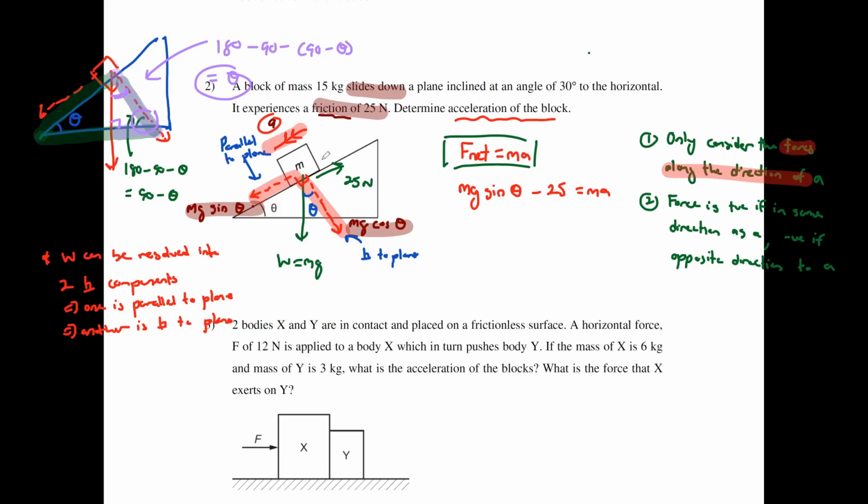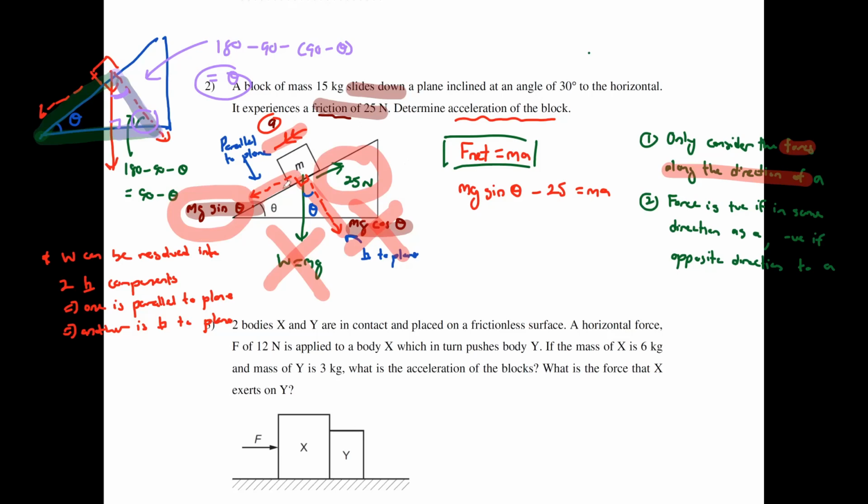Meaning to say you only take the forces that are diagonal, parallel to the plane. That would mean you only consider mg sine theta and the force of 25 Newton. You won't consider mg here because it's not along the direction of the acceleration. You won't consider mg cos theta here because it's also not along the direction of the acceleration. You only consider mg sine theta and 25.